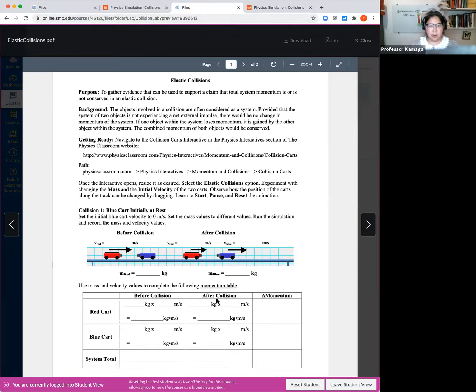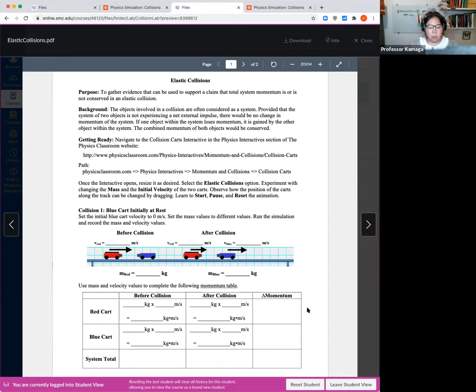You're going to run the simulation, and then you find out the mass, which doesn't change, and the velocity and the momentum of the red card and the momentum of the blue card in kilogram meter per second. And then you find the total momentum, which is the momentum of the red card plus the momentum of the blue card after the elastic collision. So you can find the total just by adding the 2 momenta here.